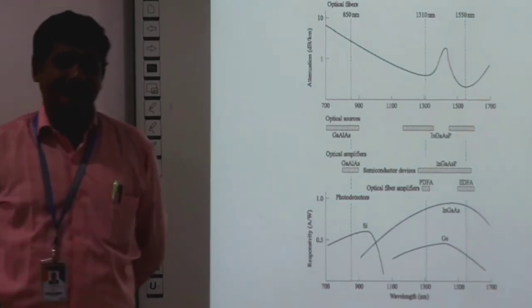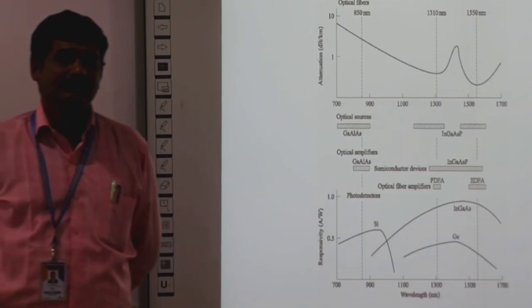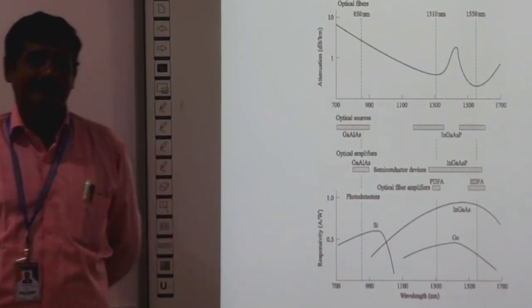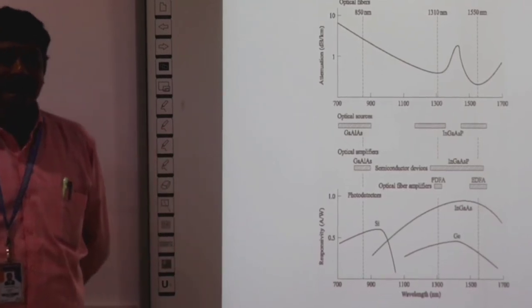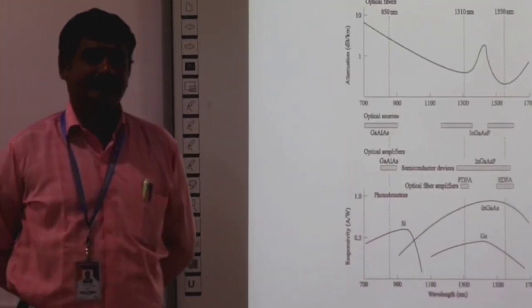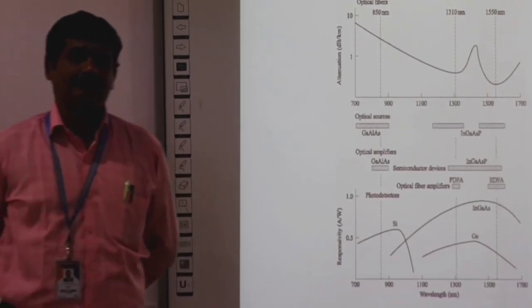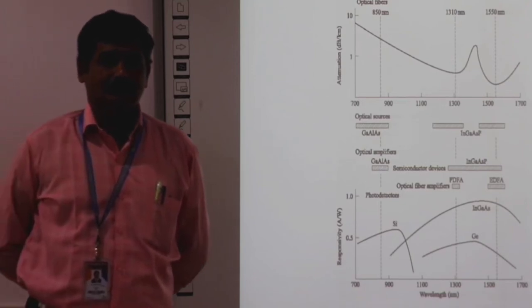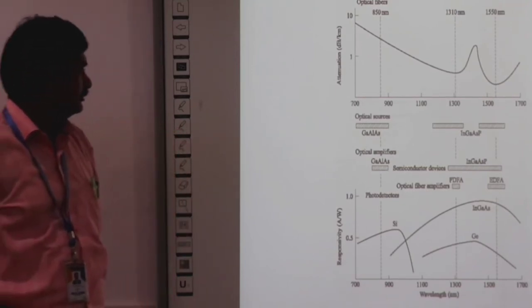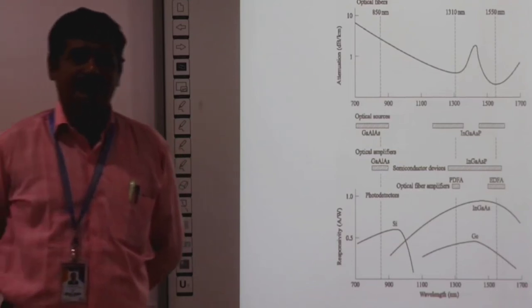compound semiconductors are used for fabrication of these sources. These compound semiconductors are nothing but heterojunction structures, that is, an alloy of two different materials having different energy band levels. Suppose you take gallium and arsenide, both have different energy band gaps.